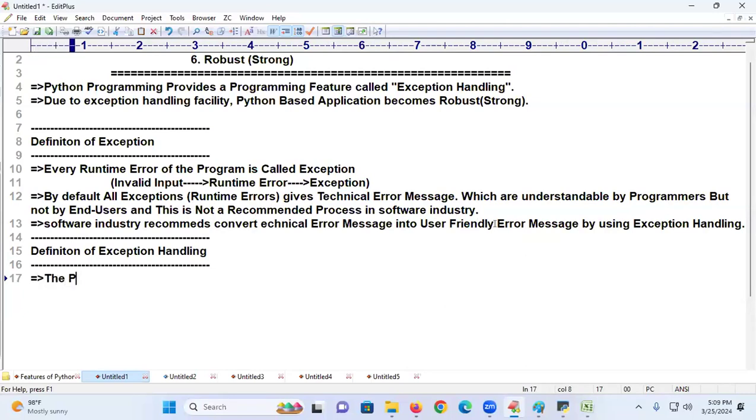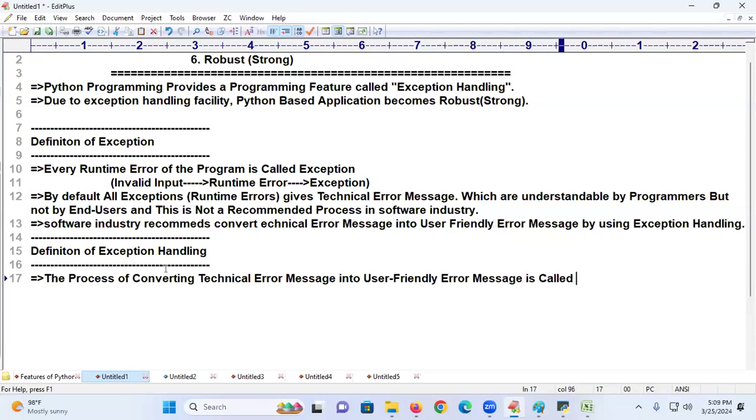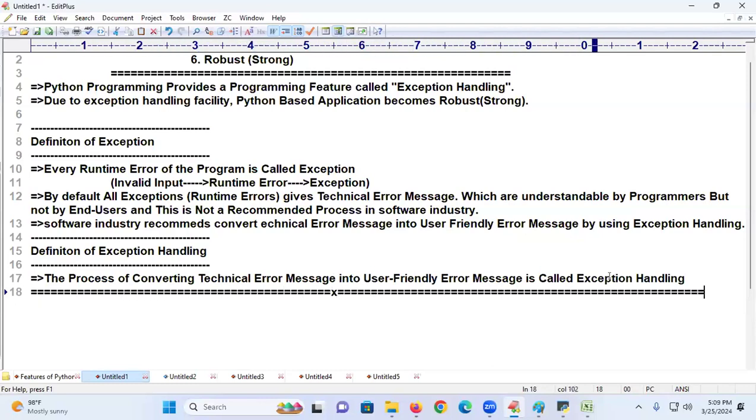The process of converting technical error messages into user-friendly error messages is called exception handling. Since Python programming contains exception handling, Python-based applications are robust.